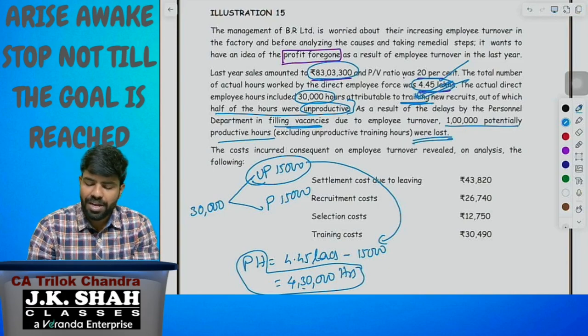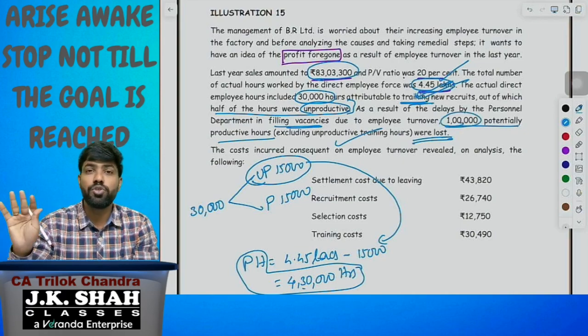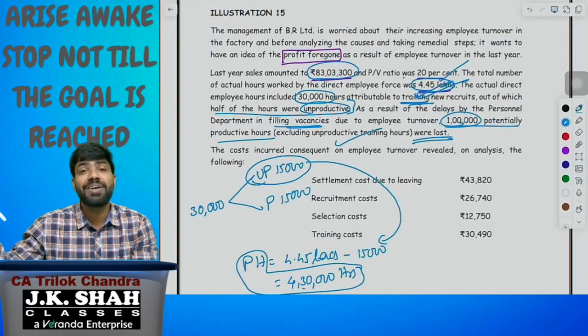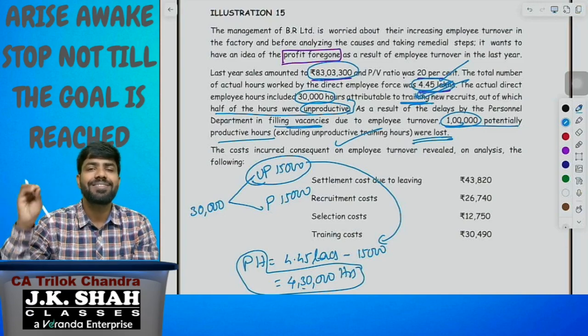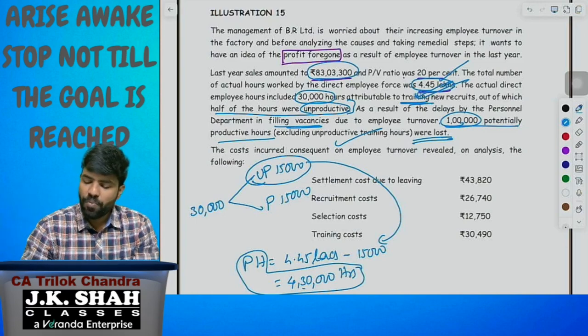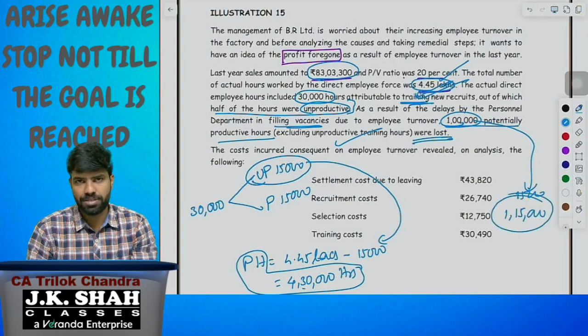So excluding the unproductive training time, totally 1 lakh productive hours have been lost due to delay in filling the vacancies. Now the total lost hours is 1 lakh plus 15,000, so 1,15,000 hours have been lost.